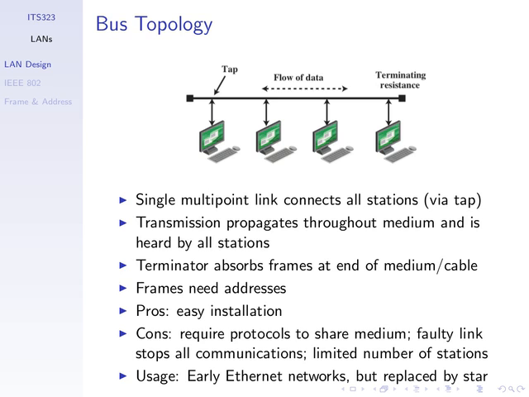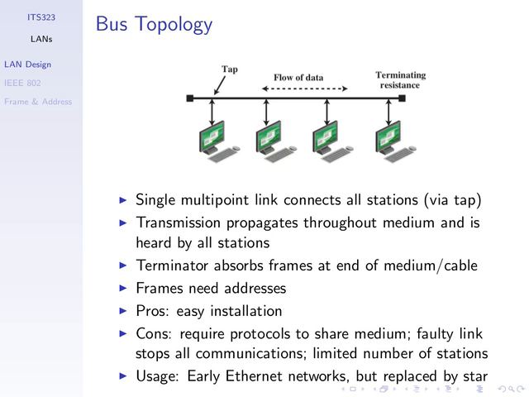And when C sees the frame, it sees it is the destination and takes a copy. And when D sees the frame, it ignores that frame. So we transmit our frame and everyone potentially receives that frame. Therefore, to make sure that the right station receives the data, we need addresses in those frames.